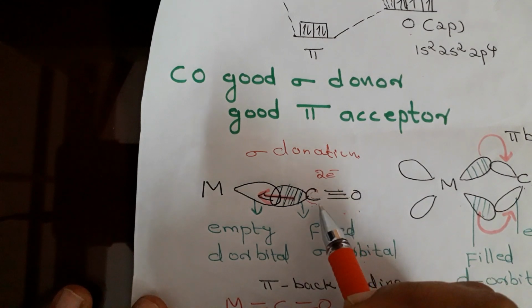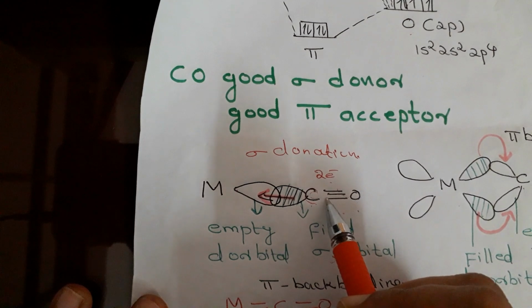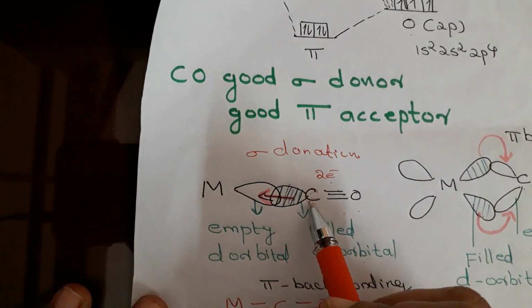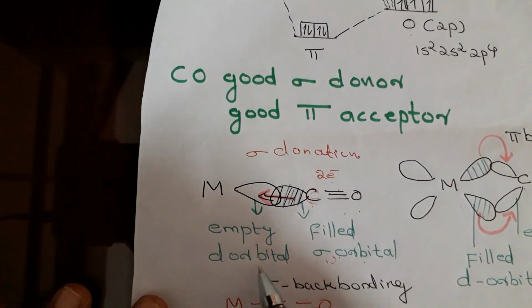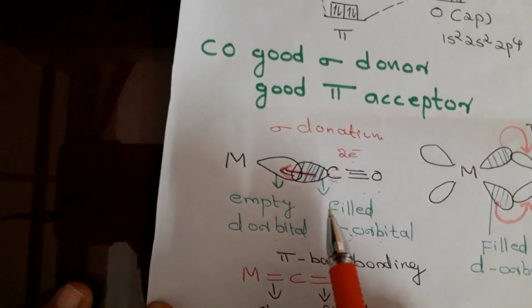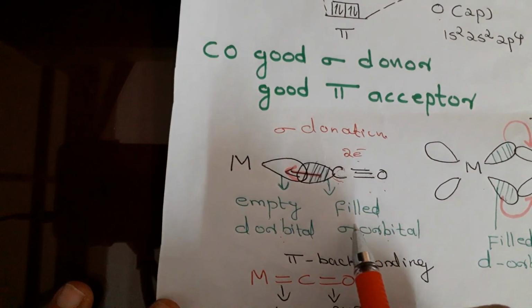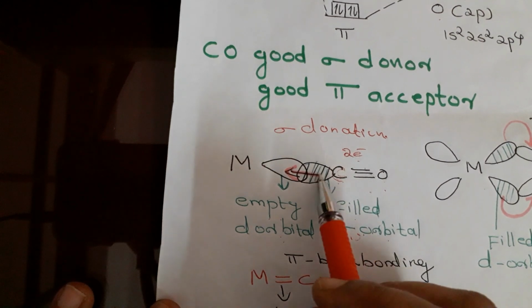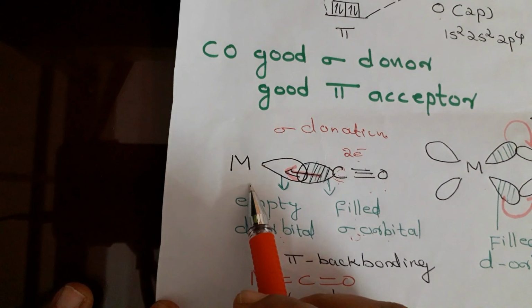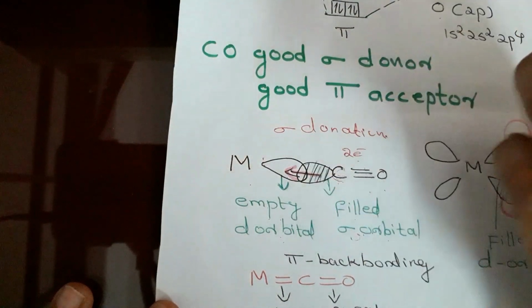So these 2 electrons from the filled sigma orbital are donated to the empty d orbital of the metal atom.